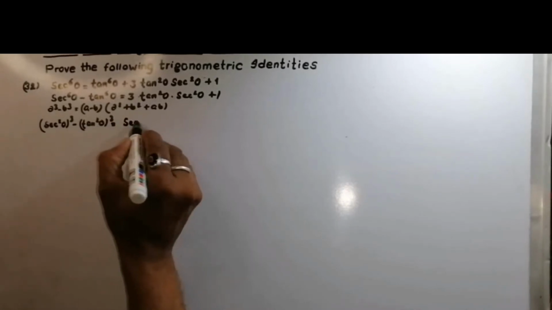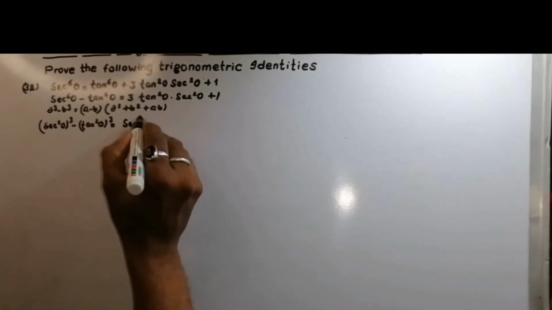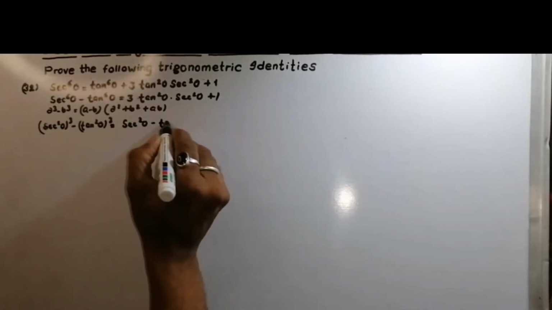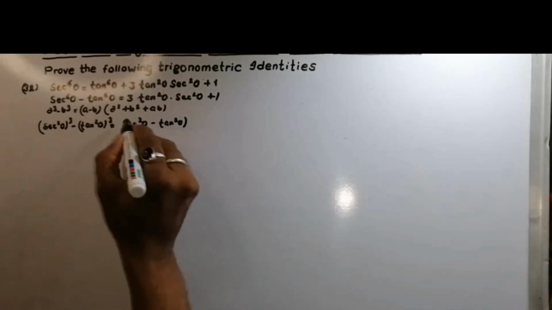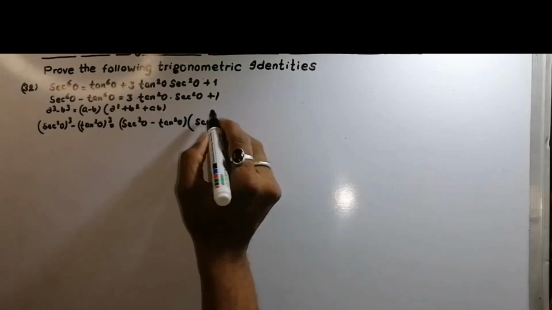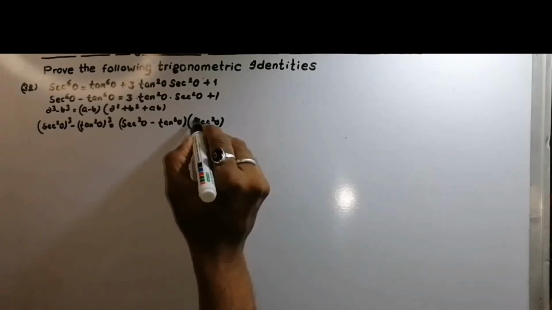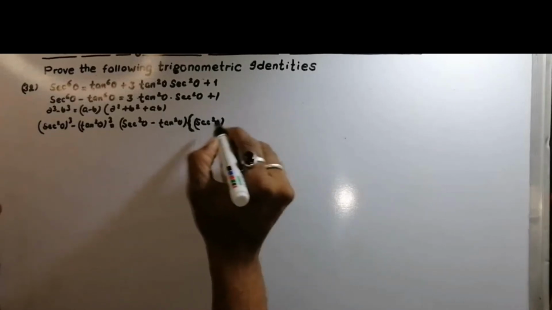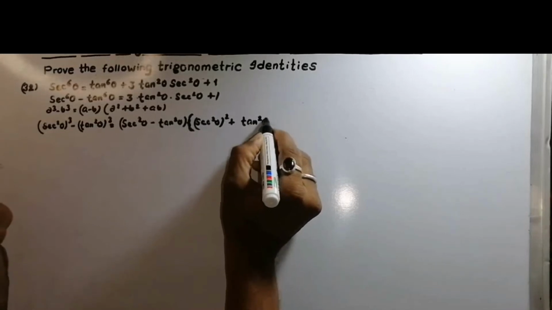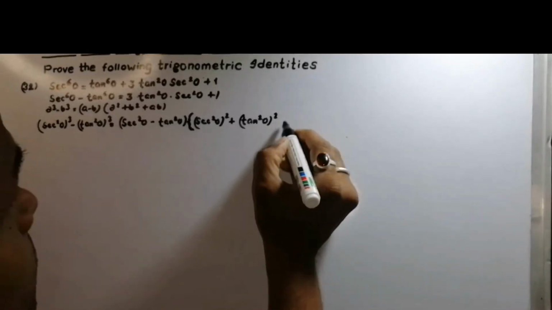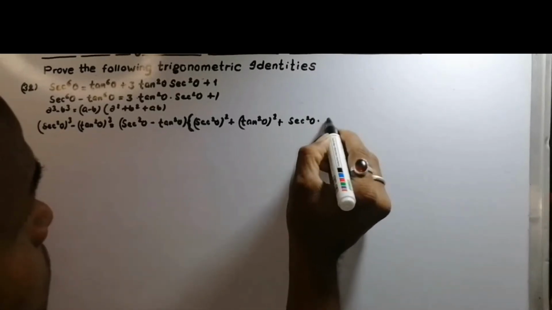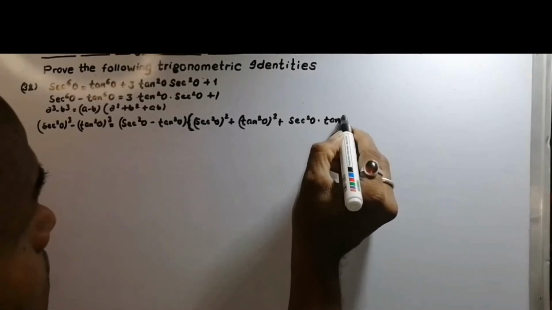sec square theta minus tan square theta and sec square theta whole square plus tan square theta whole square plus sec square theta into tan square theta.